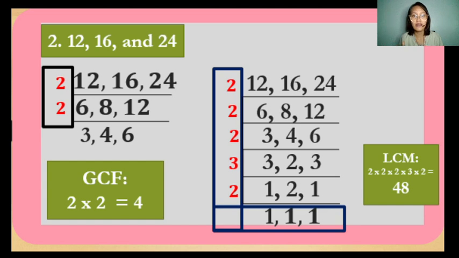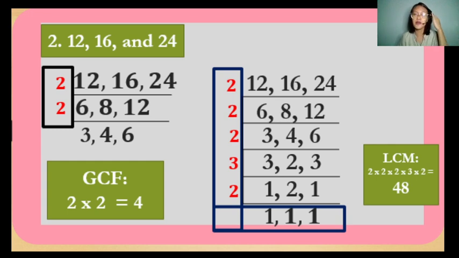Kapag tatlo or higit pa yung given number natin. Kapag GCF, stop na tayo kapag wala na tayong common divisor doon sa tatlo. Pero kapag LCM, continue pa rin ang pagdi-divide until ang maging quotient natin ay 1. Puro 1. Kailangan yung quotient natin ay maging puro 1, hindi yung merong iba.